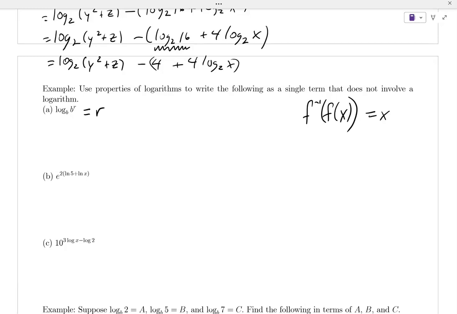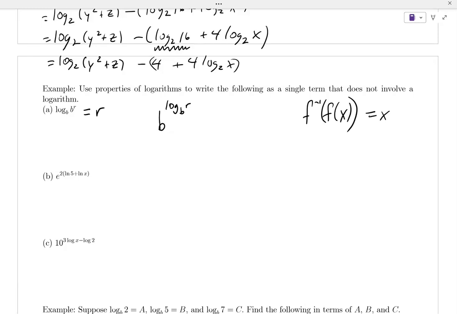Likewise, if you wrote it this way, it's the same kind of statement. It's just reversed. This says, first do the log and then do the exponential. Well, logs and exponentials cancel each other out, so what answer should you get? Look at this property here.